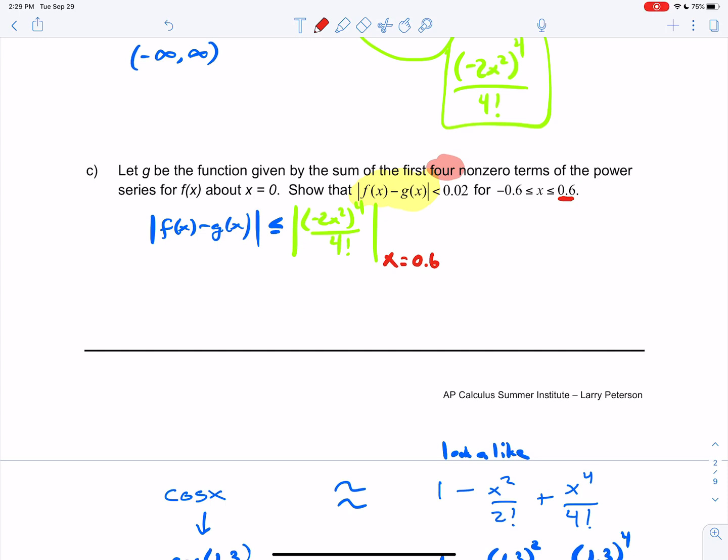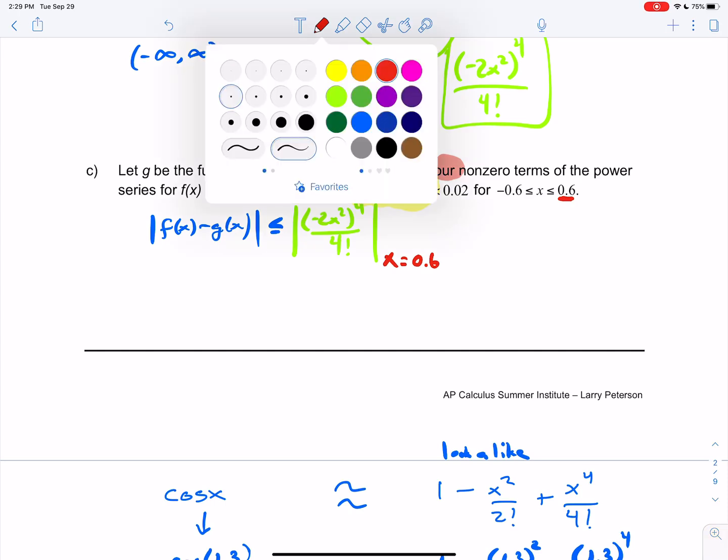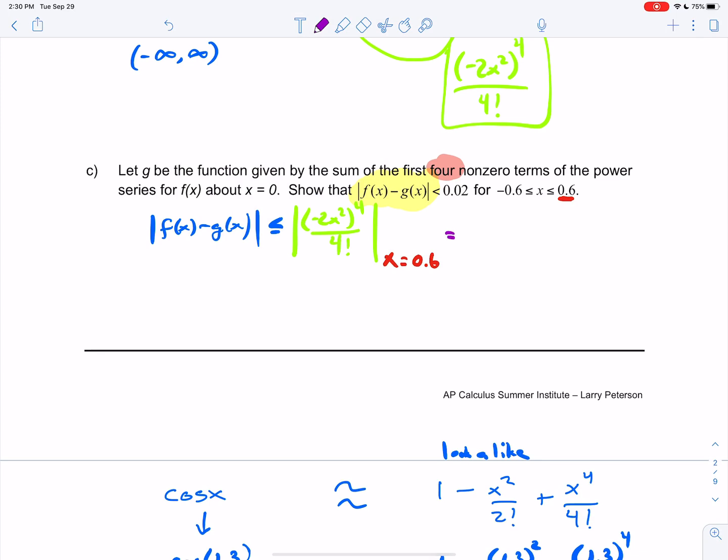So what you can do is just plug in negative 2 times 0.6 squared all to the 4th over 4 factorial, and then show that it's less than 0.02.